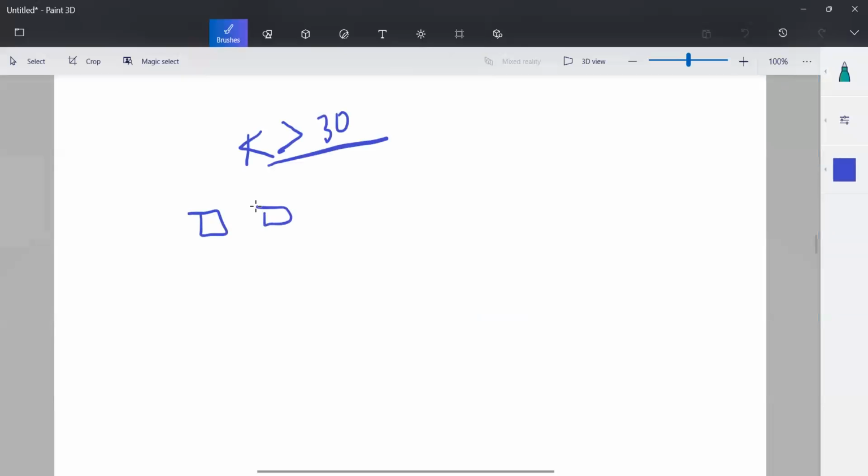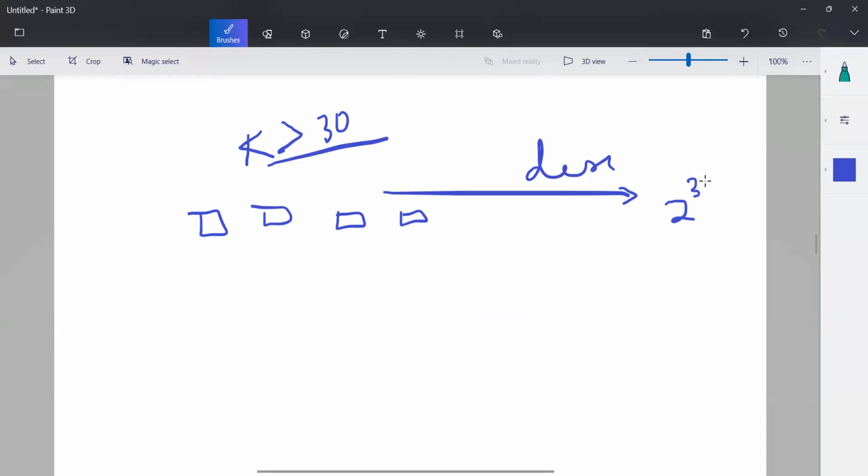There are more than 30 deserts, right? And the cost of the 31st desert will be 2 to the power 30. So this number is already more than the limit which we have for n. So in those cases, we can just take the minimum of k or 30, right?